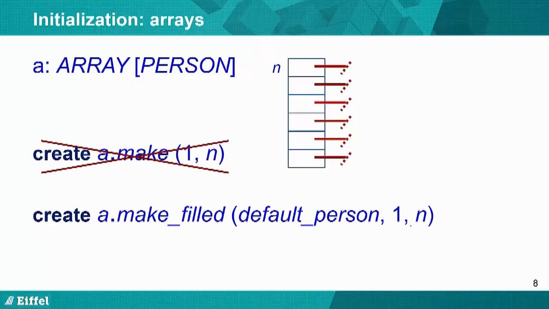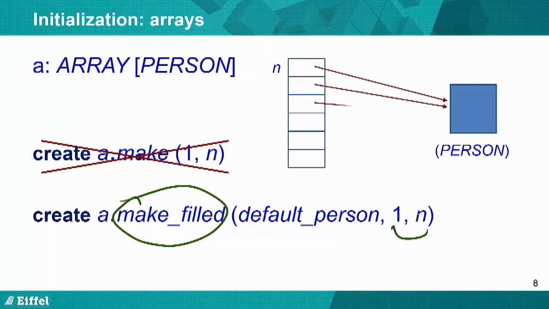There are some alternative creation procedures that you can use in such a case, and one of them, the most useful in general, is make_filled. So what is make_filled? Well, it's like make. It takes as last two arguments the bounds of the array, but as first argument it takes an initial value with which we are going to fill all the elements of the array.